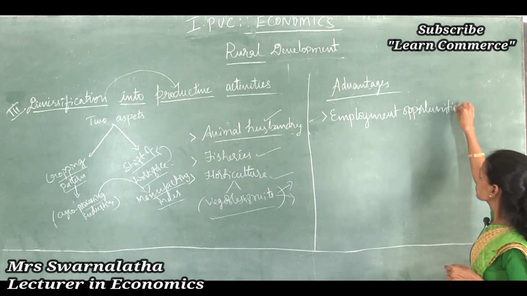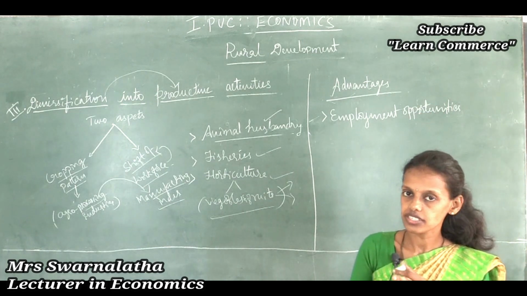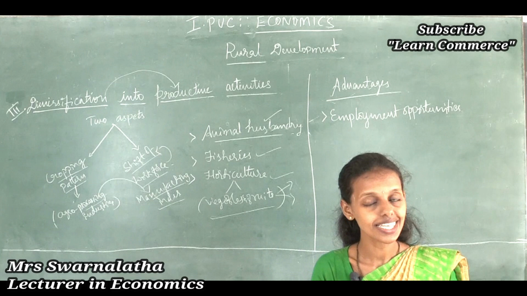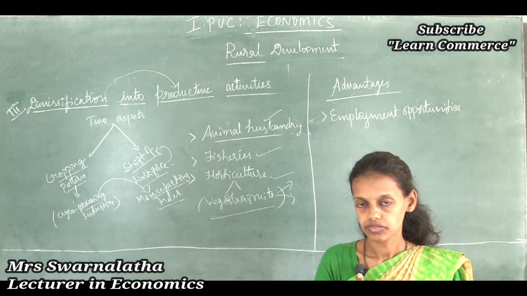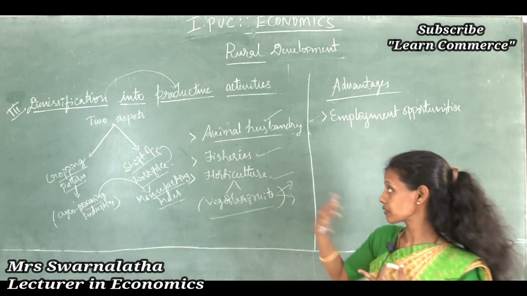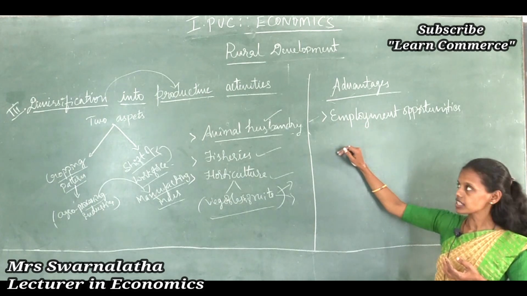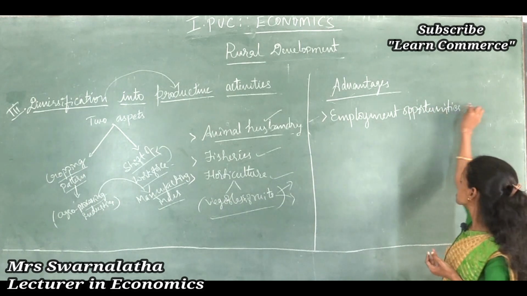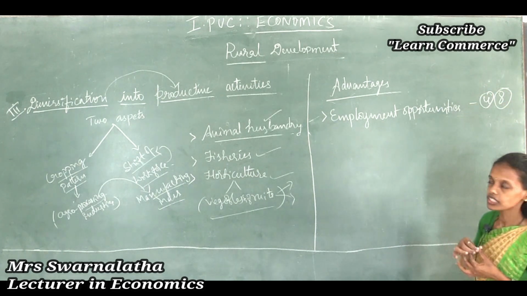As we know, the agriculture sector is already overcrowded. Disguised unemployment we can see in the agricultural sector. The number of people working is more than actually required. For example, if 4 people are enough for the work, there exist 8, you can see 8 farmers working in the particular field.